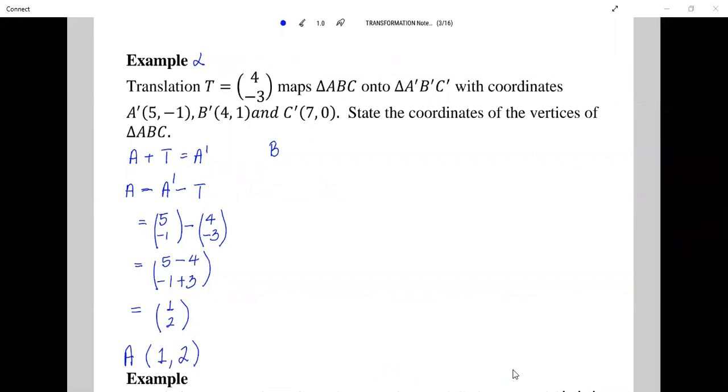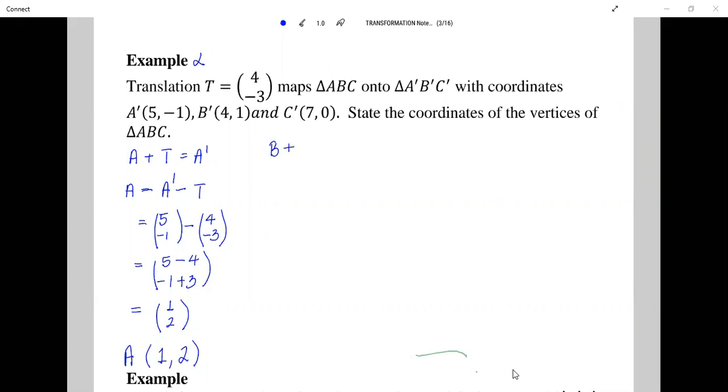The coordinates of A prime, B prime, and C prime were given. Now we're asked to sort of reverse the process and determine the coordinates of the vertices A, B, and C of the triangle.